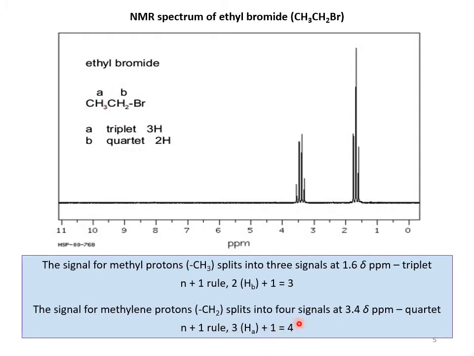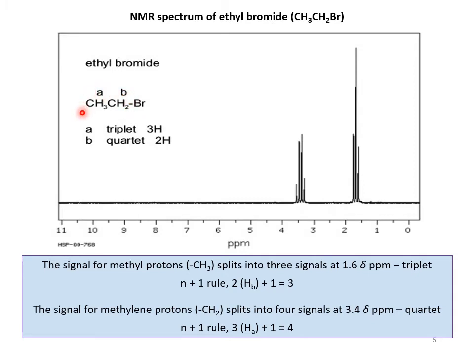Therefore 3 plus 1 is 4. Because of this the signal for the methylene protons splits into 4. Since it has split into 4, it is designated as a quartet. So here you can see this triplet is for the methyl protons and this quartet is for the methylene protons.